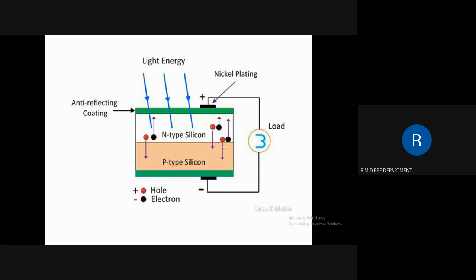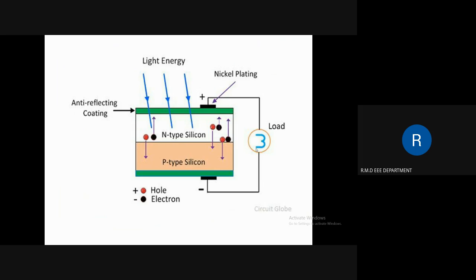Metal rings are placed around the p-type and n-type material, which act as the positive and negative output terminals. A multicrystalline or monocrystalline semiconductor material makes a single unit of the PV cell. The output voltage and current obtained from a single cell is very small. The voltage is only around 0.6 volt, and the current is very small. So different combinations of cells are connected to increase the output voltage and efficiency.